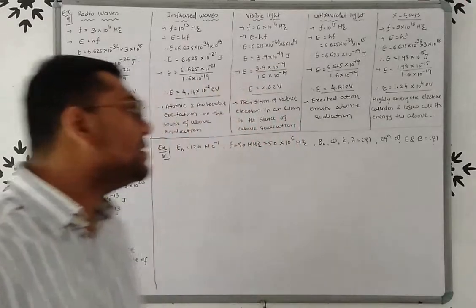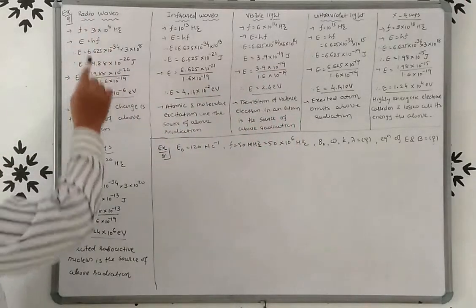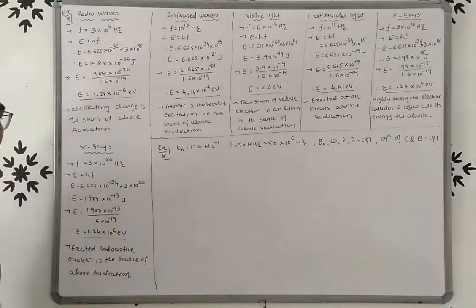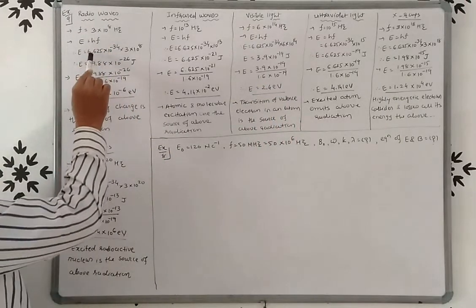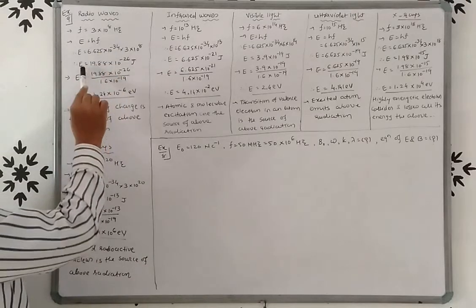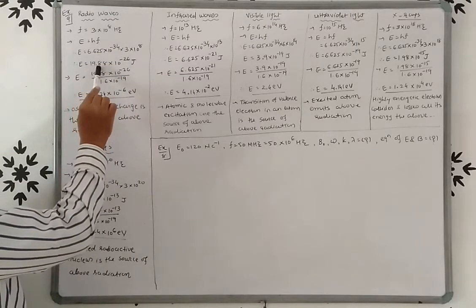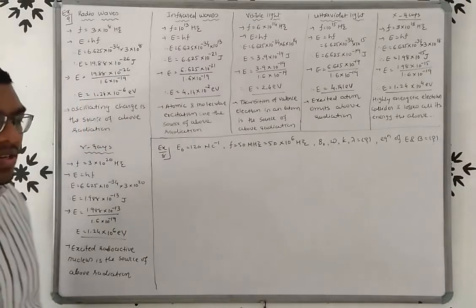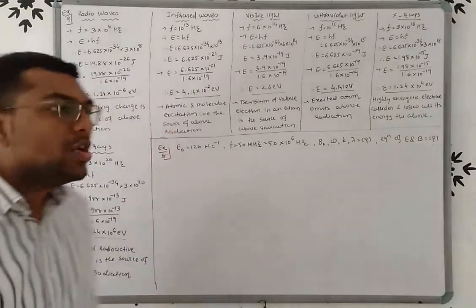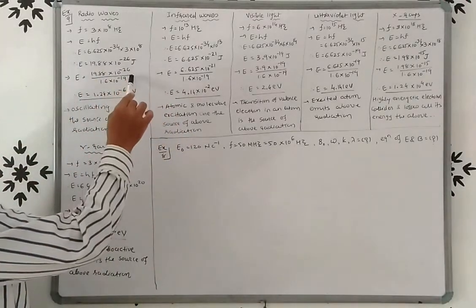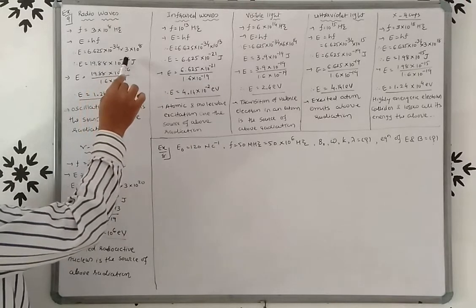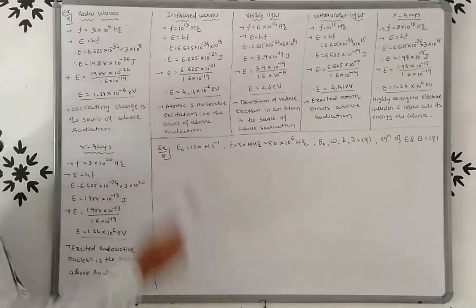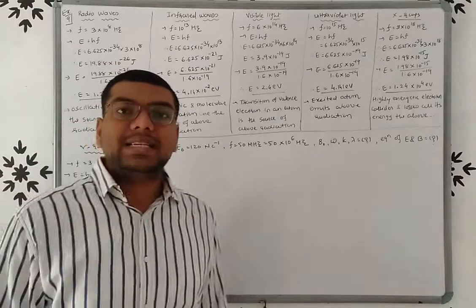So see friends, the frequency of radio waves is 3 × 10^8. So energy E = hf. We know the value of h and f. So we get energy 19.8 × 10^-26 joule. To convert this joule into eV, we have to divide this 19.88 × 10^-26 by 1.6 × 10^-19.